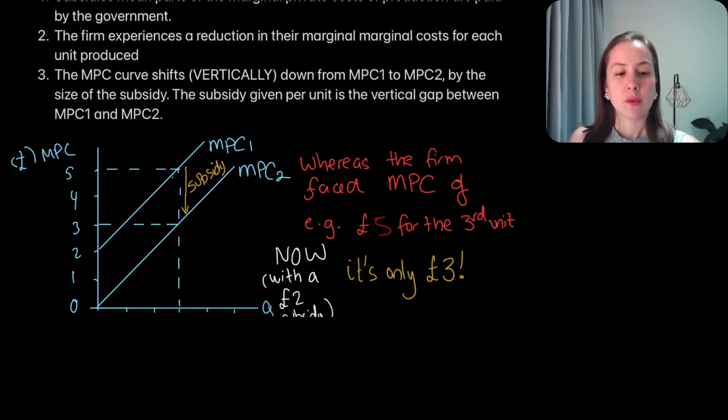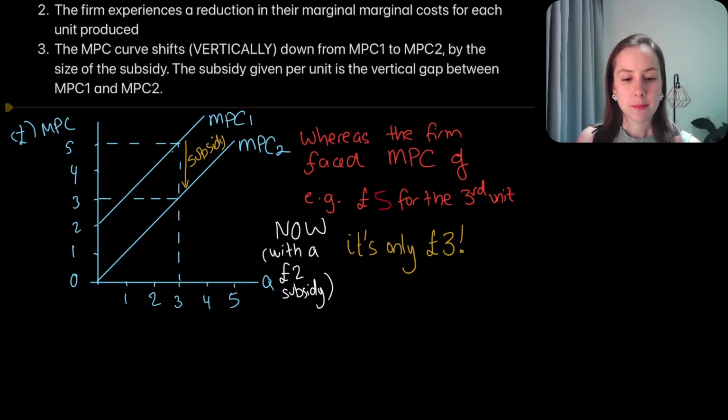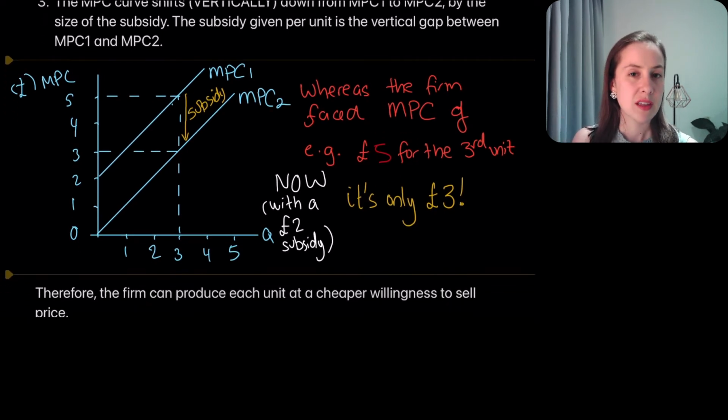To illustrate what that means for each unit produced, your MPC 1 shifts vertically down to MPC 2. And the gap between them is really important, by the way. Make sure you've got this down. The gap is the size of the unit subsidy. So I've used an example at quantity 3.